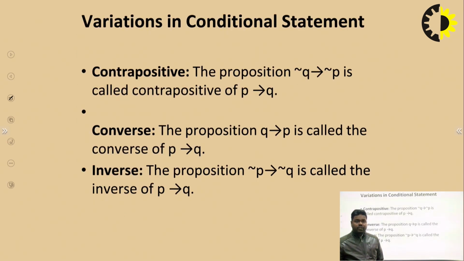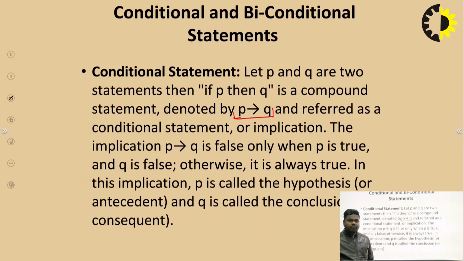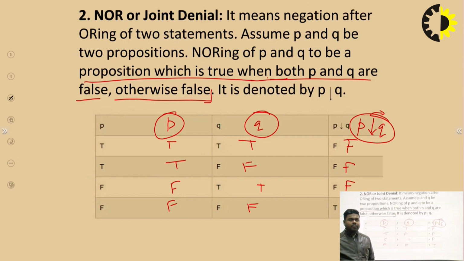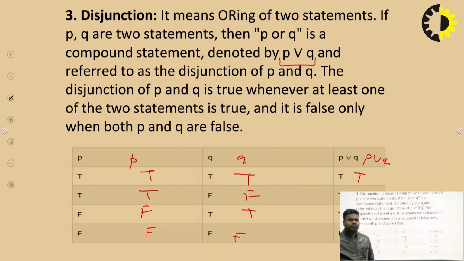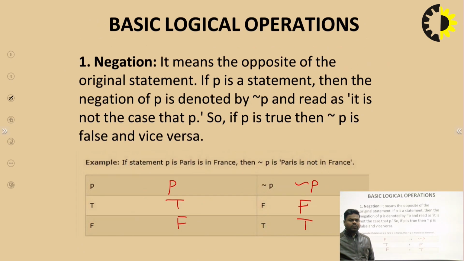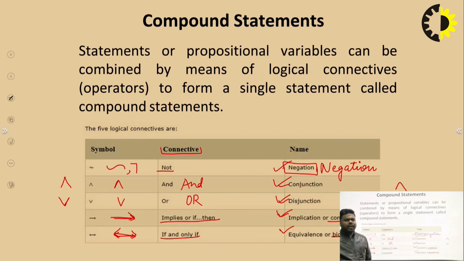There are variations in the conditional statement: contrapositive, converse, and inverse. These three are the variations in the conditional statement. Contrapositive: the proposition not Q conditional not P. Here we are going to implies or if then.